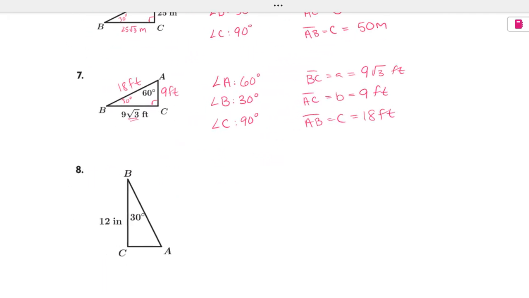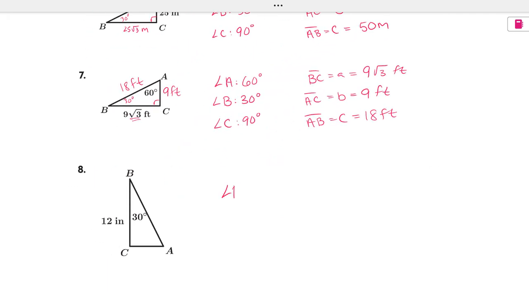Question 8. We have angle A is not labeled, but we know angle B is 30 degrees, which makes angle A 60 degrees, since C is 90. So another 30, 60, 90 triangle.